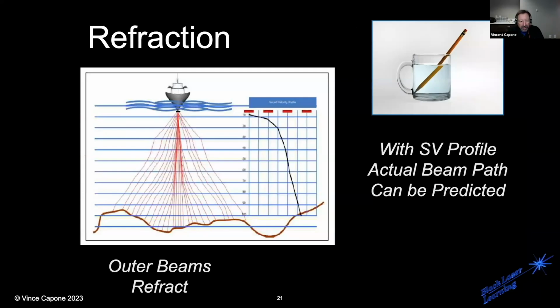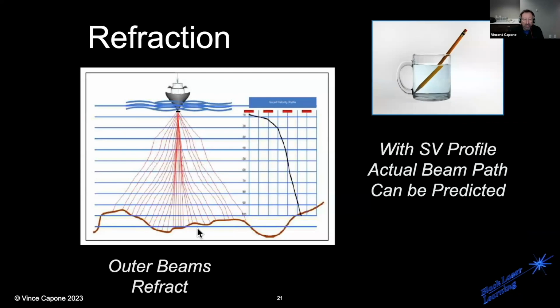As we talked about the multi-beam, if this is our multi-beam transducer, and each one of these is a reading of the depth, we can see how the profile will bend the sound waves at certain levels and alter where it impacts the bottom.